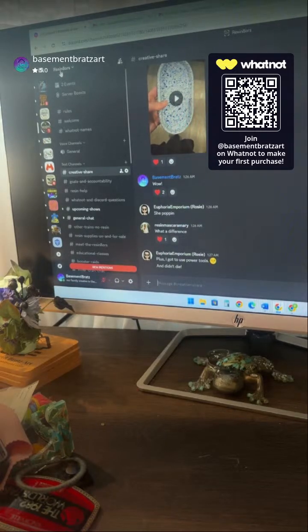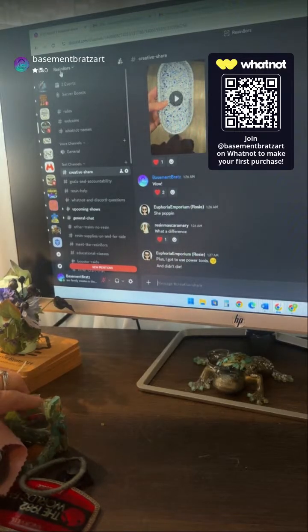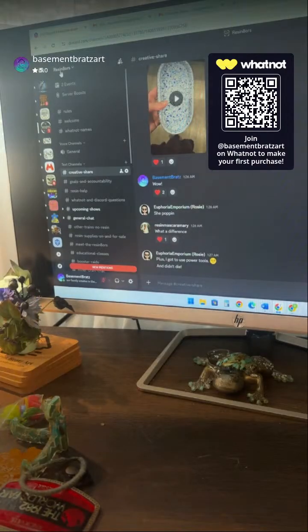Perfect. This is what we needed to know and what we needed to do. And this is our home screen for the resonators. It's currently brought up to event share, which is awesome because you can see that people are sharing what they're working on. They're sharing things they're proud of.